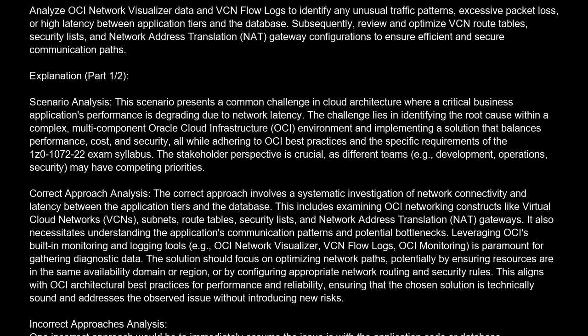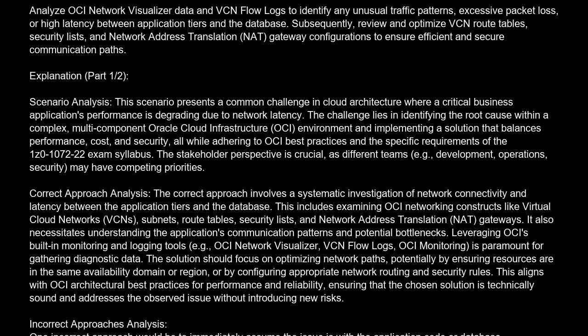Leveraging OCI's built-in monitoring and logging tools, e.g., OCI Network Visualizer, VCN flow logs, OCI monitoring, is paramount for gathering diagnostic data. The solution should focus on optimizing network paths, potentially by ensuring resources are in the same availability domain or region, or by configuring appropriate network routing and security rules. This aligns with OCI architectural best practices for performance and reliability, ensuring that the chosen solution is technically sound and addresses the observed issue without introducing new risks.